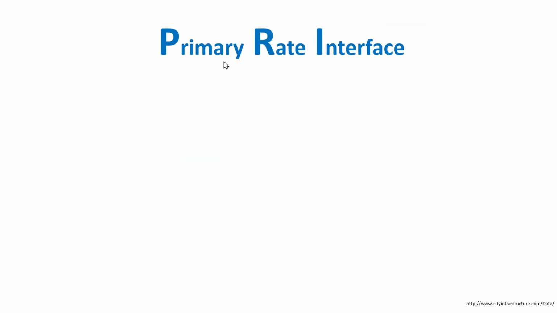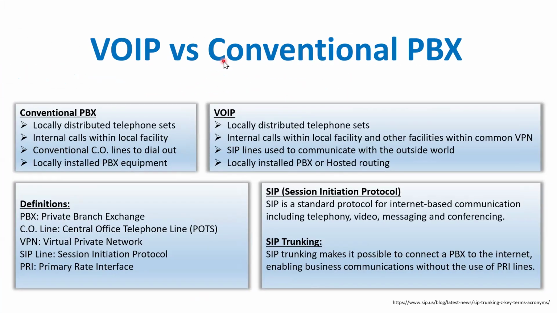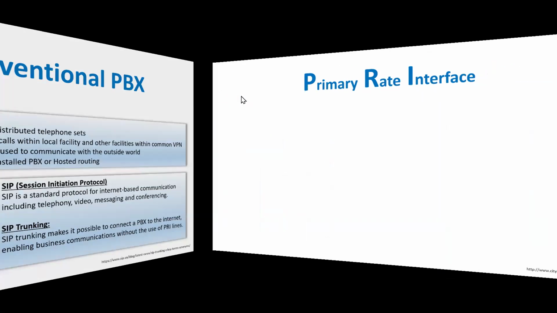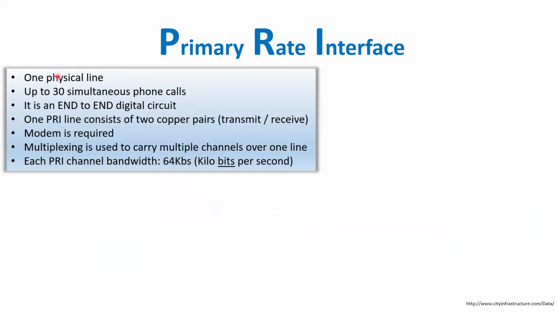Now, remember what they say here? SIP trunking, which is bundling of the SIP lines. SIP trunking makes it possible to connect a PBX to the internet, enabling communications without the use of PRI lines. Primary rate interface, PRI.